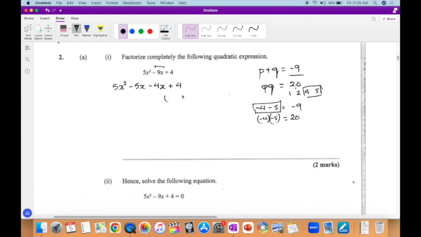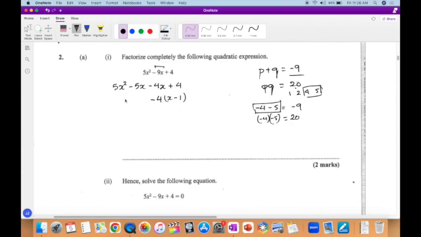I'll factor this one first. It will have to be negative 4 multiplied by x plus, no, it wouldn't be x plus 1, because negative 4 multiplied by negative 1 will give me this positive 4 here. So negative 4 times x will give me negative 4x, and negative 4 times negative 1 will give me this positive 4.